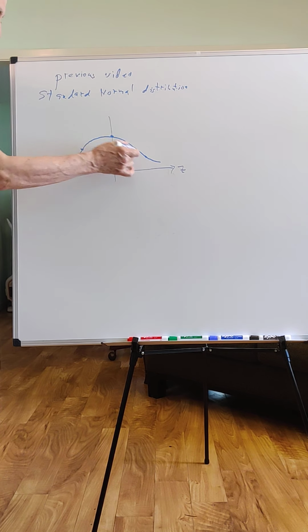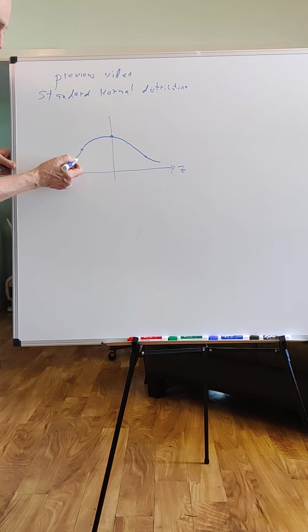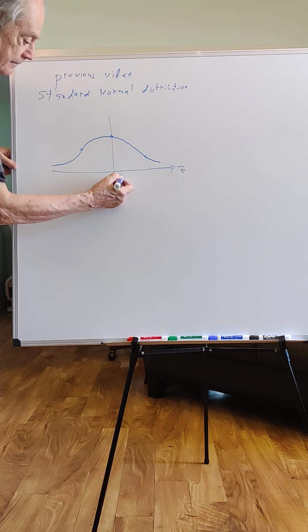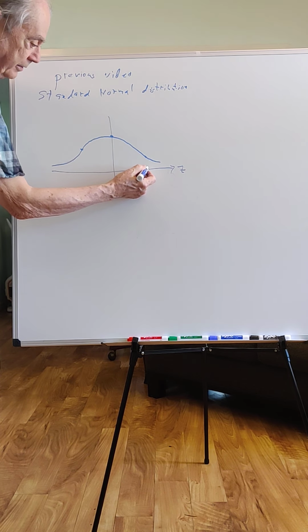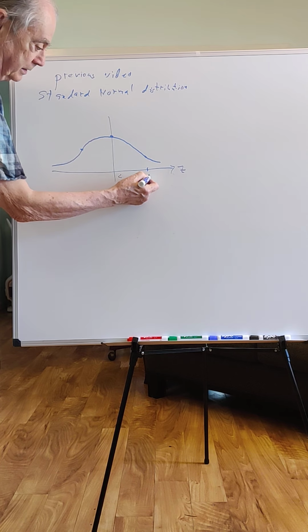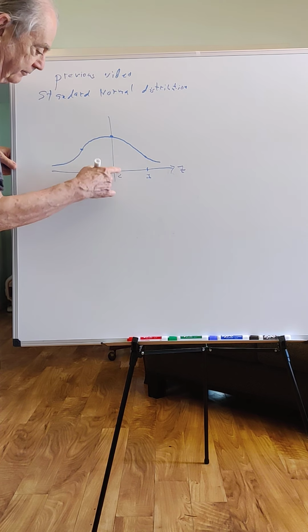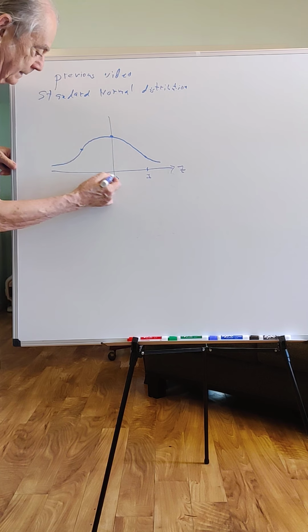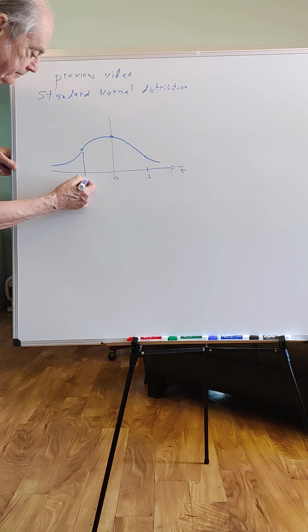These are called points of inflection. This is a maximum value. It turns out that this number here is 1, and this is 0, of course, and this number is minus 1.